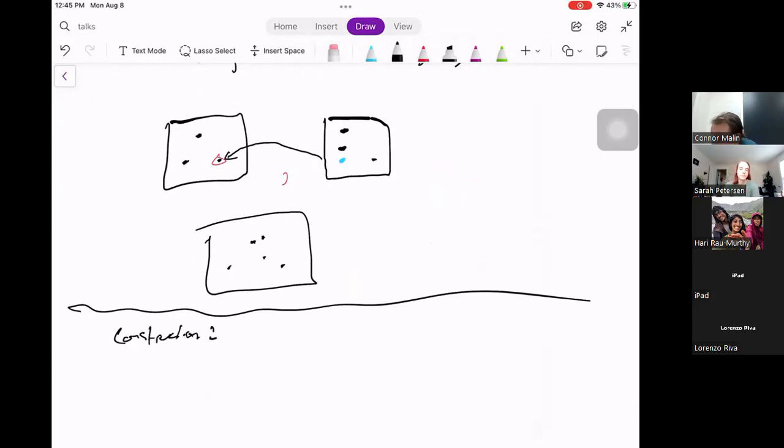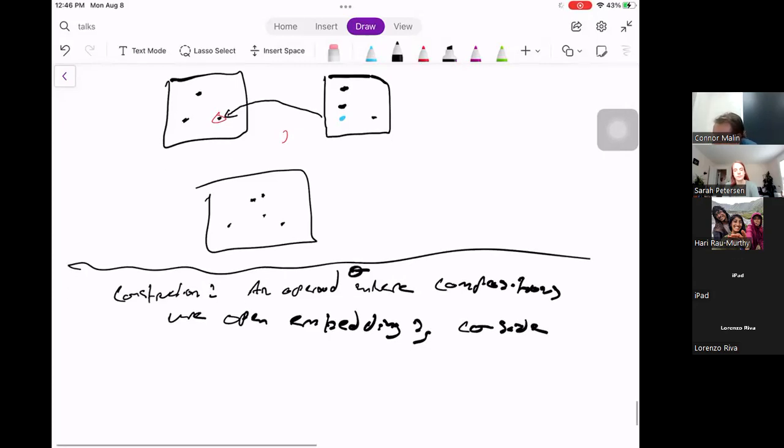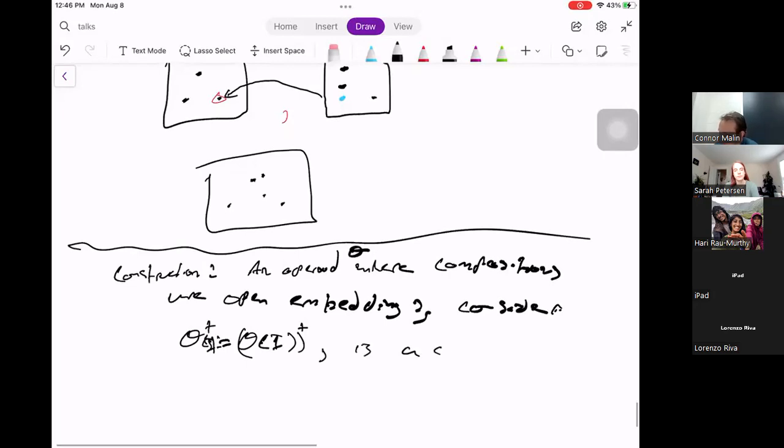If I have a manifold operad, or moreover, if I have an operad where the compositions are open embeddings, we can consider a co-operad O plus, which is defined by taking the ith space and taking its 1-point compactification. Okay, so this is a co-operad.